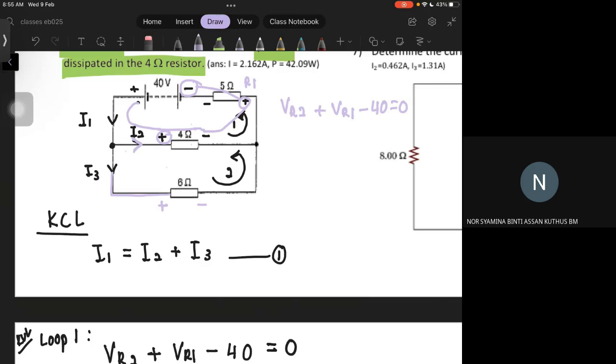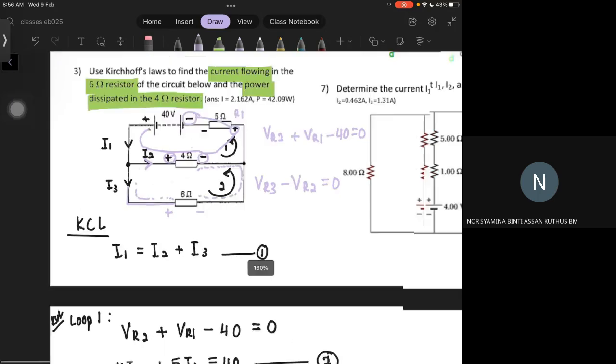So loop kita sekarang daripada positif terminal 6 ohm which is VR3. Bila dia jalan berjumpa dengan VR2 dekat sini, dia jumpa siapa dulu? Dia jumpa negatif dulu. So minus VR2 equals to 0. Faham? Your loop is against your current flow. Sekarang negatif. Alright.